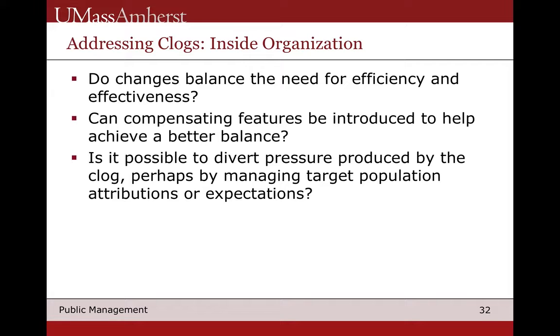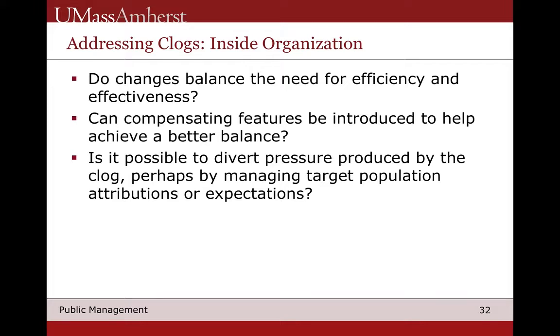We might also think about, if we have a change that, say, increases our efficiency but introduces a bit of fragility to the system, perhaps there's a compensating feature that can help restore some of the robustness, but at a lesser cost. And we can also think about things like, in the great plumbing metaphor, actually diverting pressure.